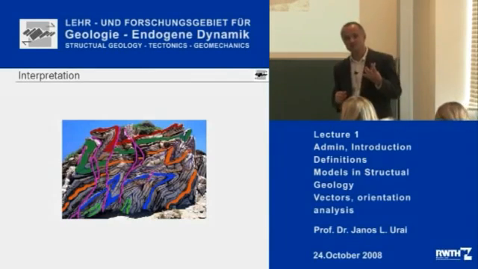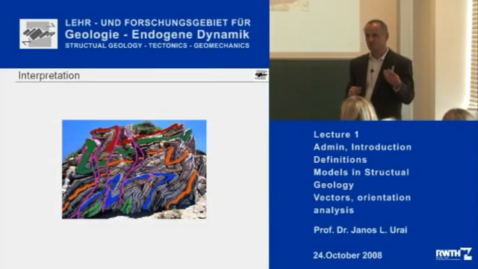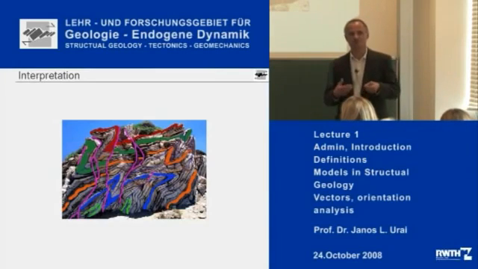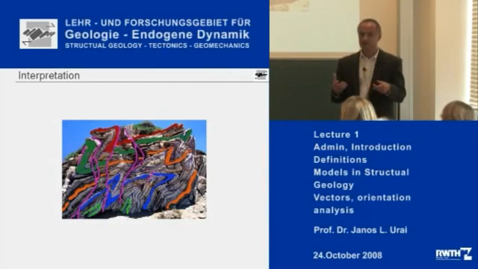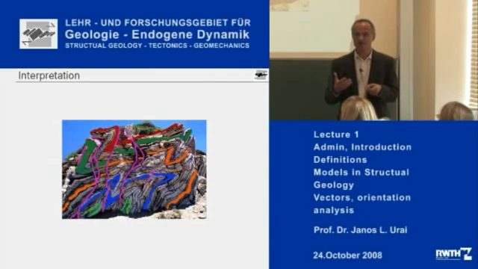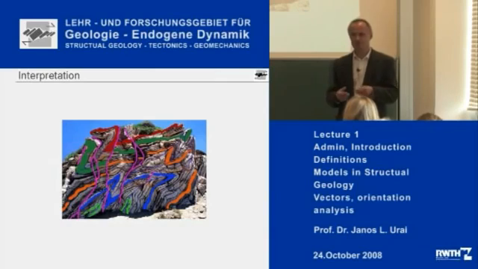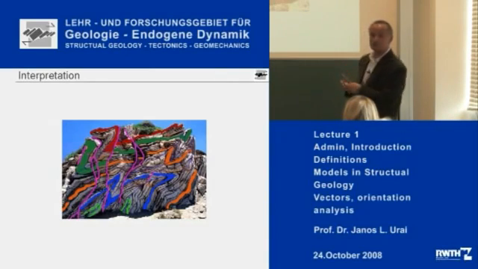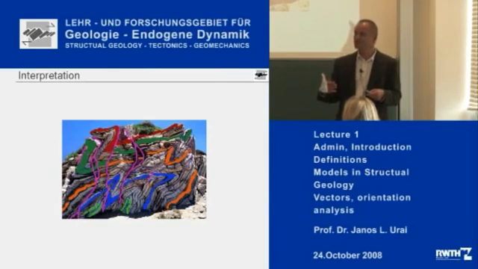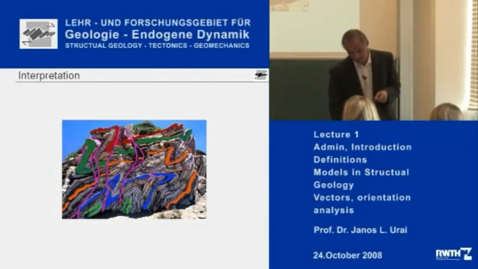And interpretation is an essential part of what a structural geologist or tectonician does. What is very important, and people make many mistakes in the exams, is to state the basis of your interpretation. You don't just say, hey, this layer is the same. You say why. What did you assume to come to that conclusion? That is the basis of the interpretation.